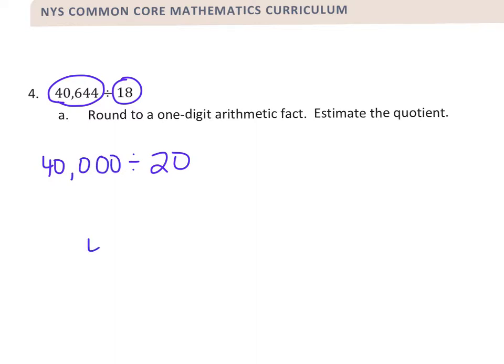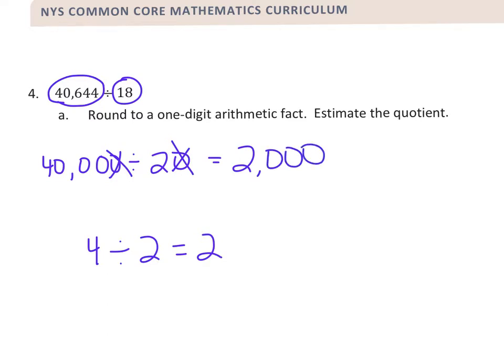And so my basic fact here is 4 divided by 2 equals 2. And since this is 2 tens divided by 4,000 tens, my answer is going to be 2,000. So now calculate it.